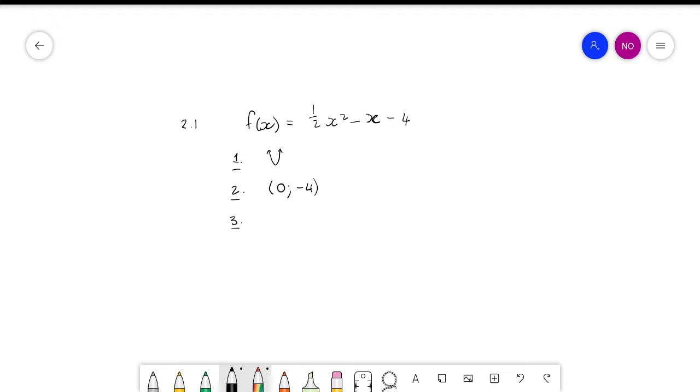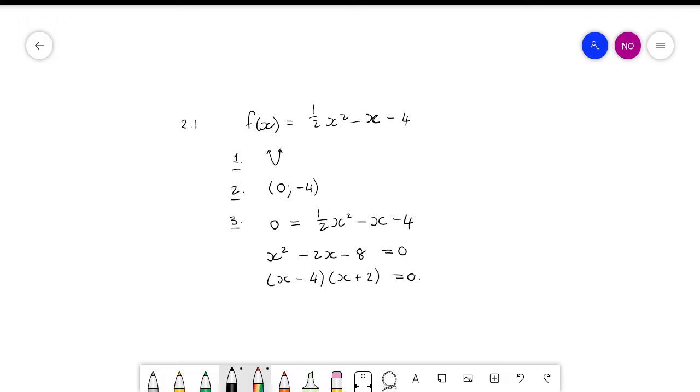Okay. So for this one, we set y equal to 0. And what I would do is I would multiply by 2, so that you don't have a fraction. So that's x squared minus 2x minus 8 is equal to 0. X minus 6. No, x minus 4, x plus 2 is equal to 0.